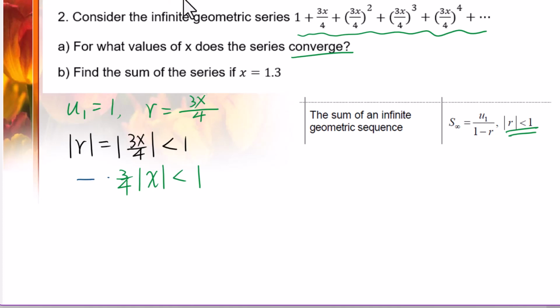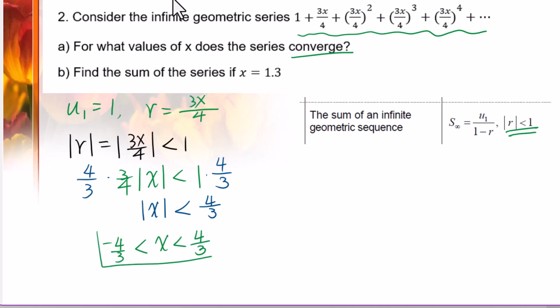Multiply by the reciprocal of 3 over 4 on both sides. Absolute value of x less than 4 over 3. Solve this absolute value inequality. x is greater than negative 4 over 3, less than 4 over 3. This is the solution to A.